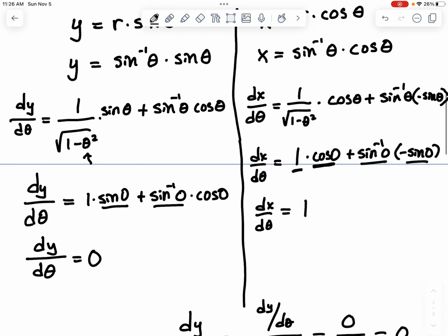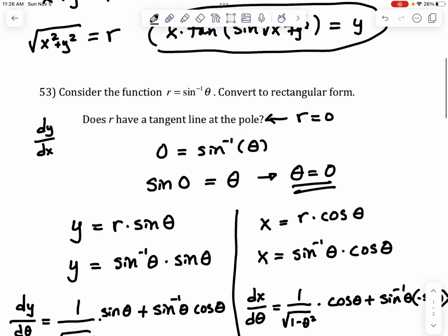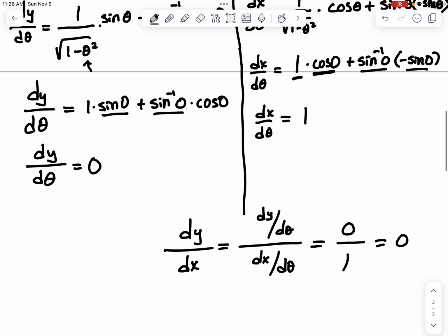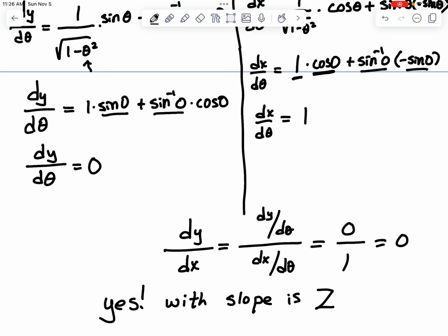Let me go back to the question and see if I answered the whole thing. Does it have a tangent line at the pole? So the answer is yes. So if for some reason the 1 and the 0 would have been switched, we would have got undefined, and the answer would be no. But 0 divided by 1 is a valid answer, yes. Not only does it exist, but I found out that the slope is 0.